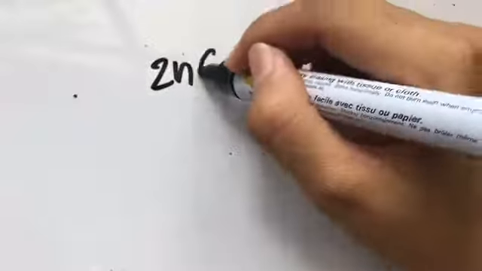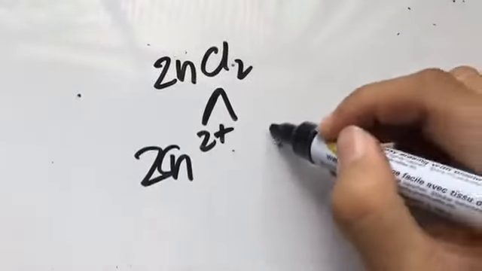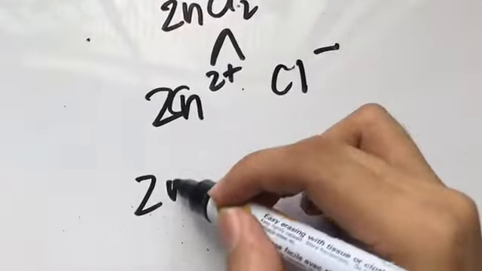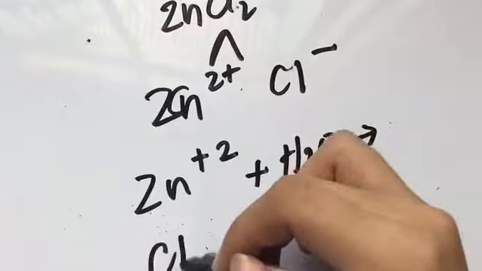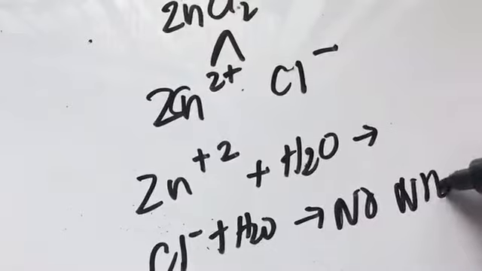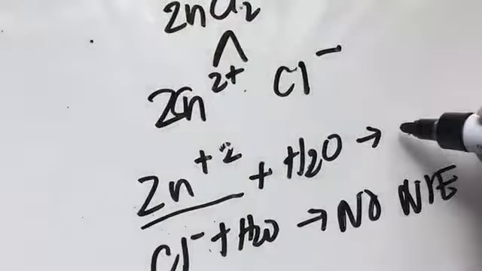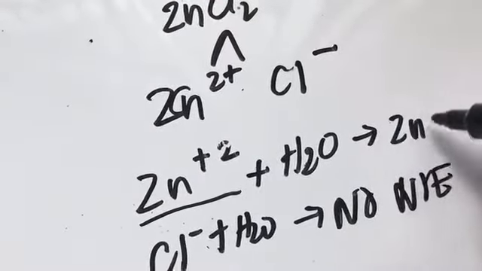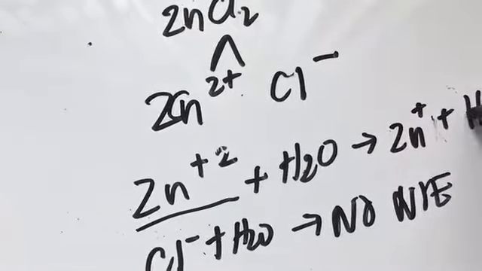Okay, next, we have zinc chloride. So zinc and chloride. Okay, so chloride plus H2O, no net ionic equation. Hindi mo siya magkakaroon ng reaction, pero ang zinc pwedeng magkaroon ng reaction, forming zinc hydroxide and hydronium ion.